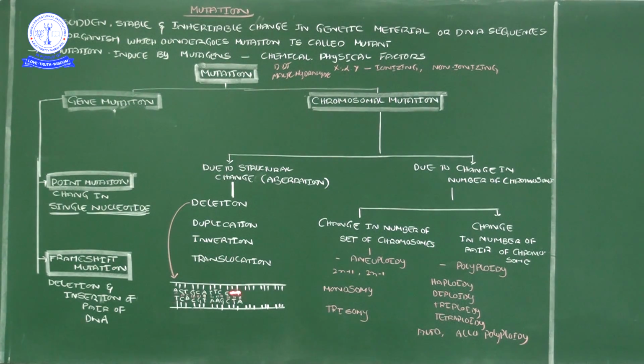For your understanding, take this rough diagram of double stranded DNA, with an arrangement of nitrogen bases: adenine, thymine, guanine, cytosine. Between A and T there are double bonds, and between C and G, guanine and cytosine, there are triple bonds. In deletion, a small piece is deleted, that is one process. In duplication, the same part is repeated several times, that is duplicated.